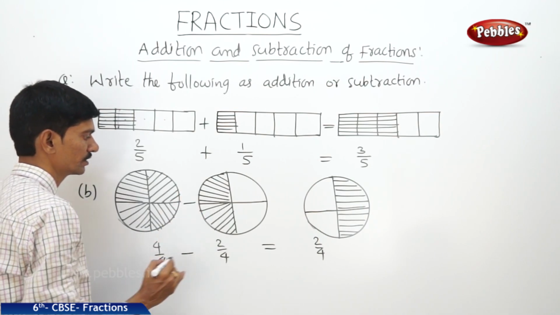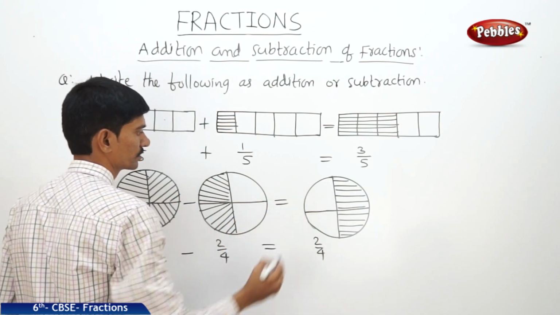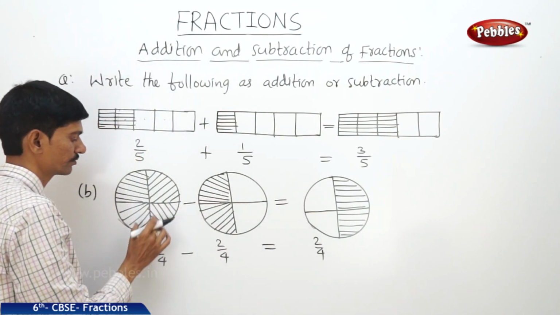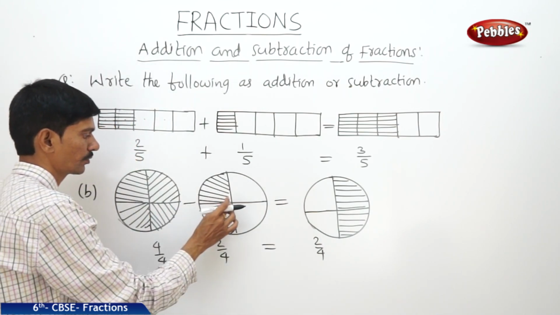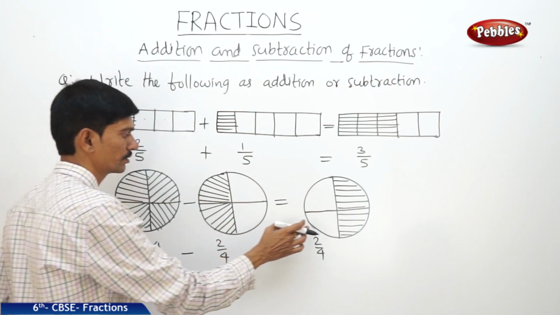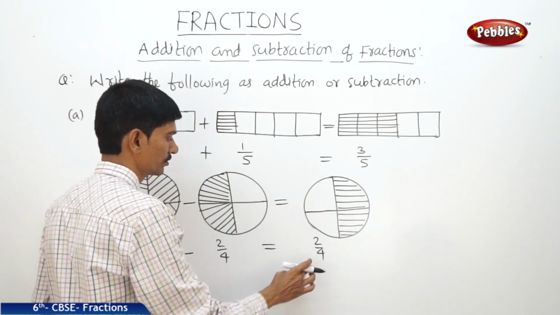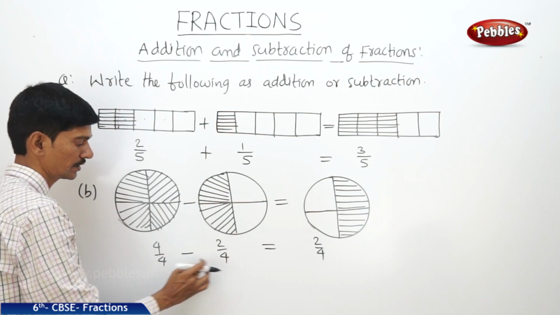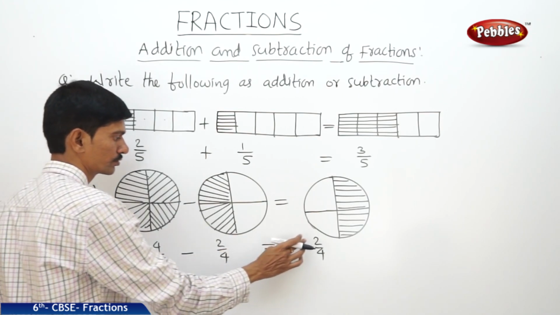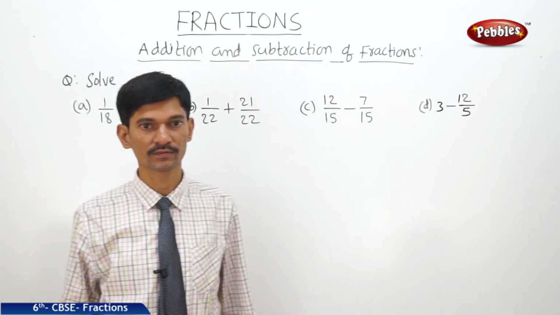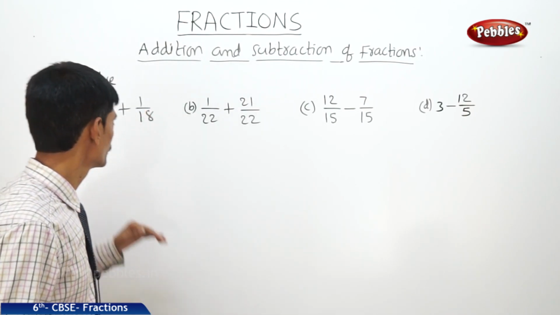The first circle minus the second circle equals the third circle. So this represents 4/4, this represents 2/4, and this represents the other 2/4. So when the denominators are equal, 4 minus 2, 2/4. Now let us solve the next question.